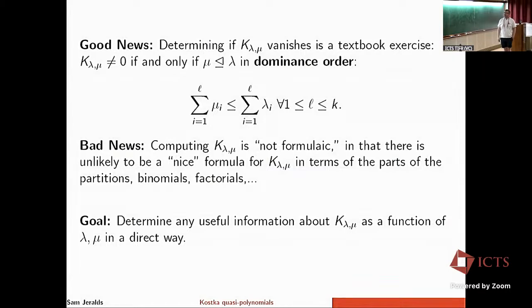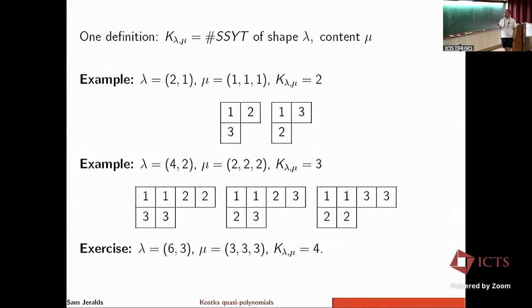A bit of bad news is that computing these things is not "formulaic." I'm putting that in quotes just because this is kind of a weak statement. But the feeling is that there is unlikely, in general, to be a nice formula for this Kostka number in what I think of as nice combinatorial formulas: parts of the partitions, binomials, factorials, etc. The thing to compare to is that in the case like this first example where mu is just the partition 1, 1, 1, these aren't computing just semi-standard Young tableaux, these are computing the standard tableaux on that shape.